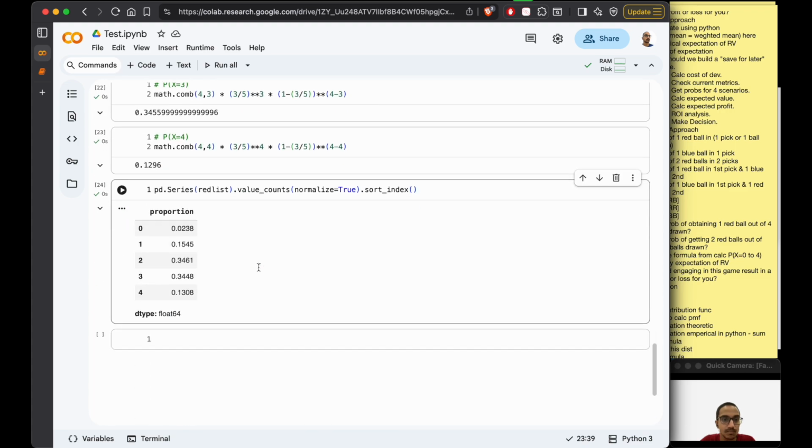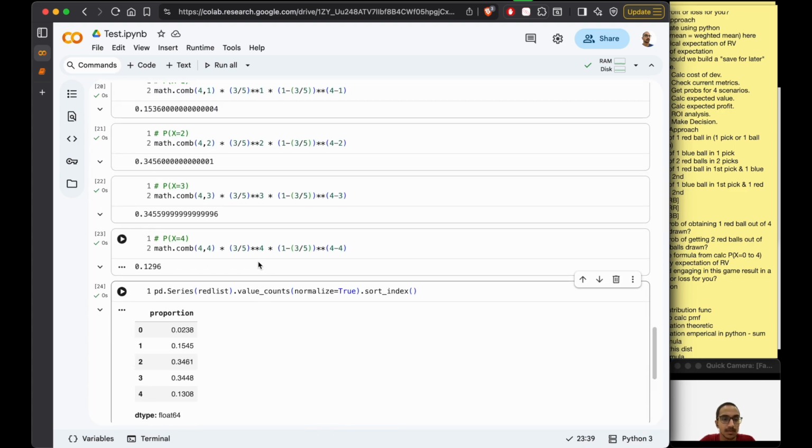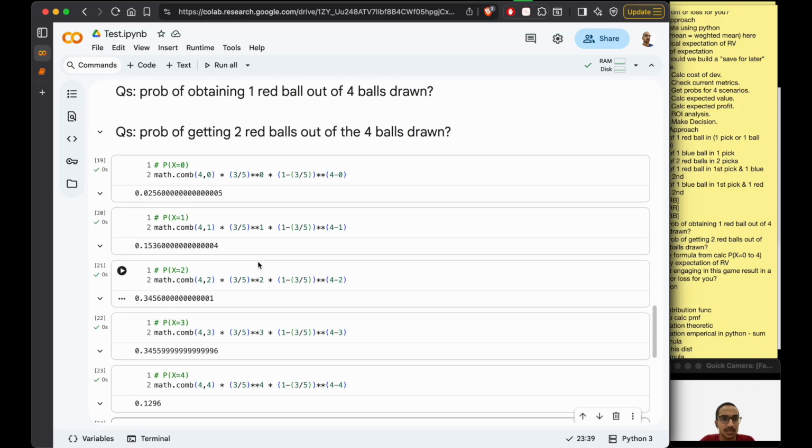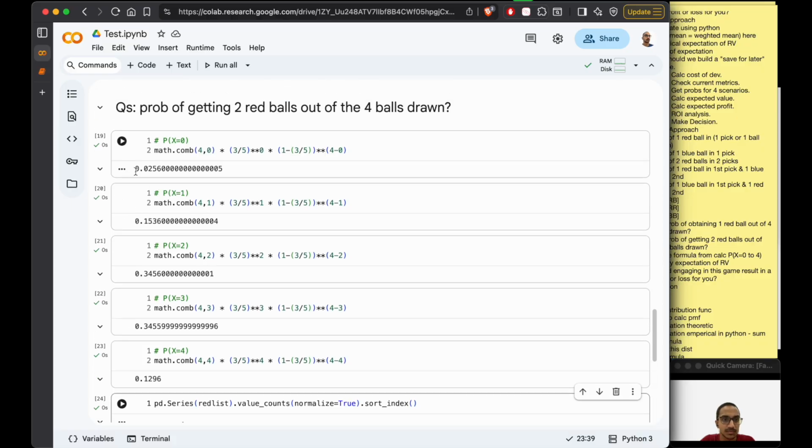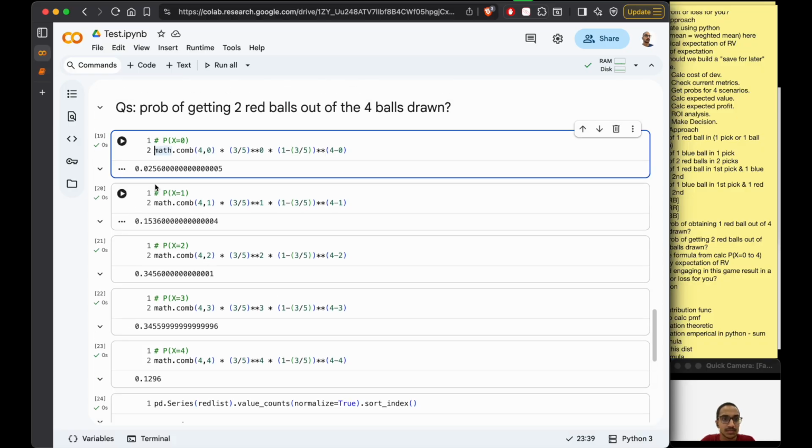So here we have the probabilities. So the weights, let me just put them in variables.